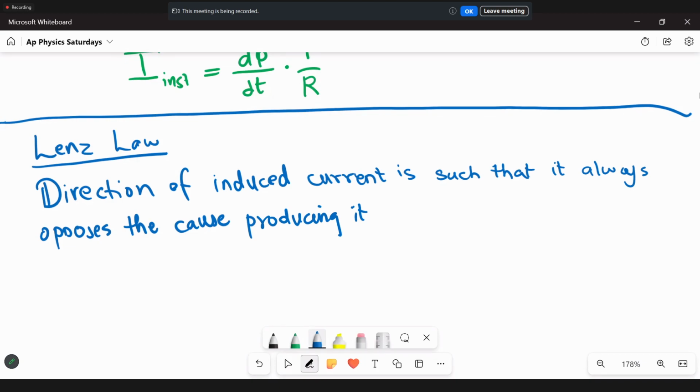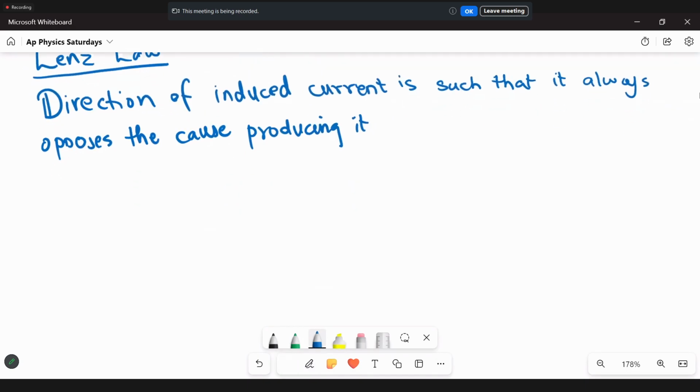Do you want me to give an example? Okay, let me give you an example. For example, you have some magnetic field lines going on like this.